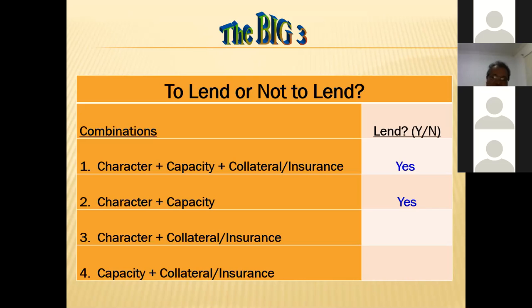Okay. So I'm going to put something here and let's discuss it. No and maybe. So what's the maybe for? You know the maybe is for politicians. PEPs. They never have the capacity, but they have the character. Well, they don't even have the character. All they have is the insurance, which is their job title.